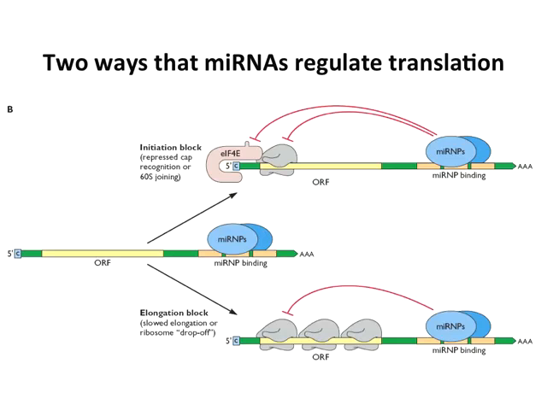So these are the two ways that microRNAs can regulate translation, which is what we've been talking about today. Remember, 5' end-dependent translation depends on a ribosome being brought to the mRNA via this Cap4E interaction.